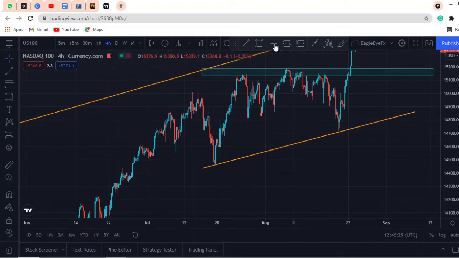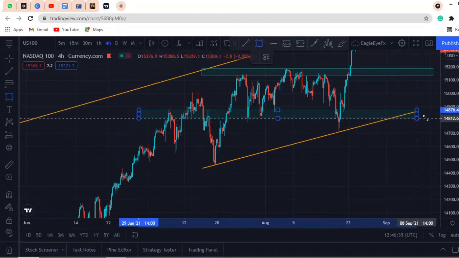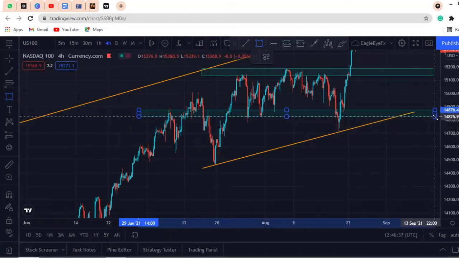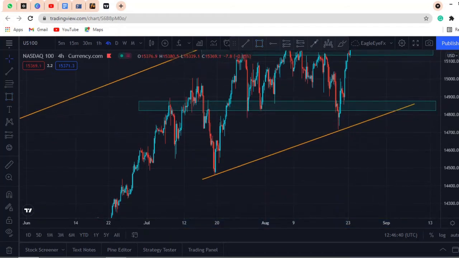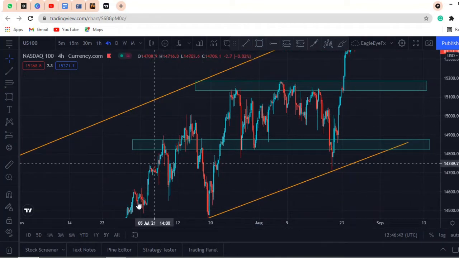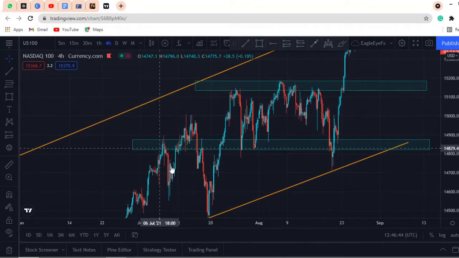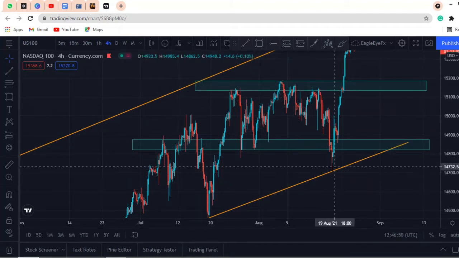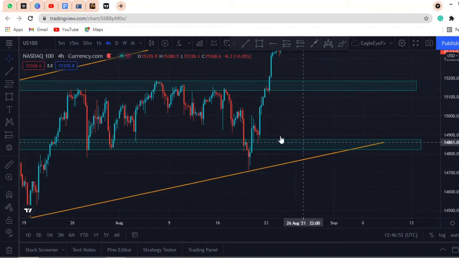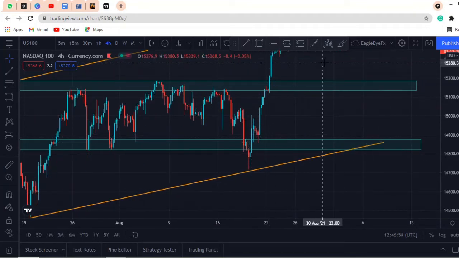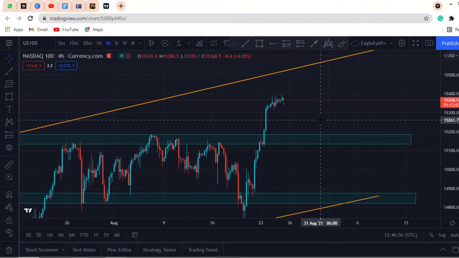So let's redraw this. I can draw that simply because I see rejection here, then rejection here. The market was able to break support, came to test the trend line, then found support here, and then pushed up there.